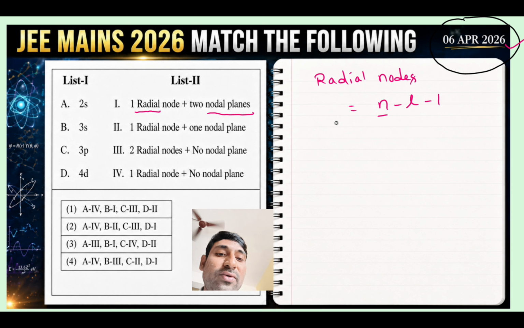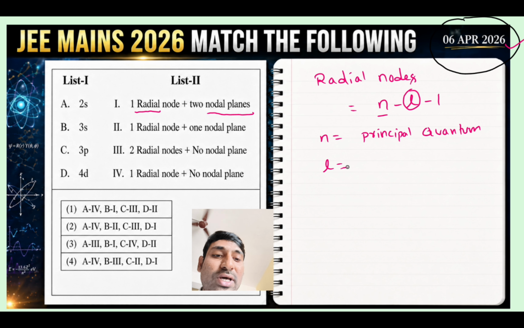Here n is the principal quantum number, and l is the azimuthal quantum number.